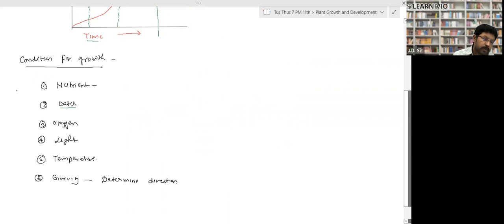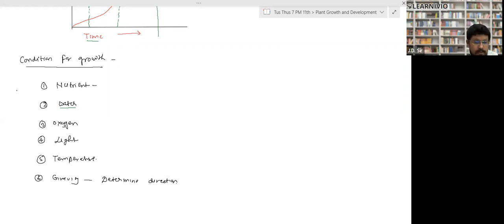Please note down the conditions for growth. There are following conditions of growth. First, nutrient. Second, water.